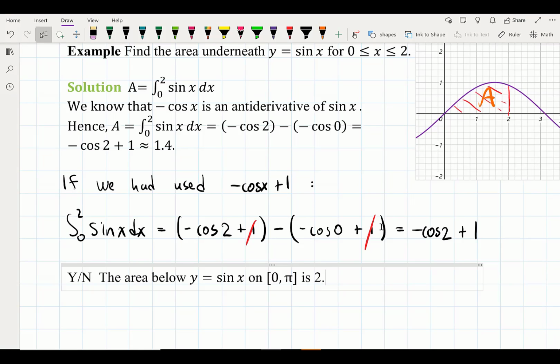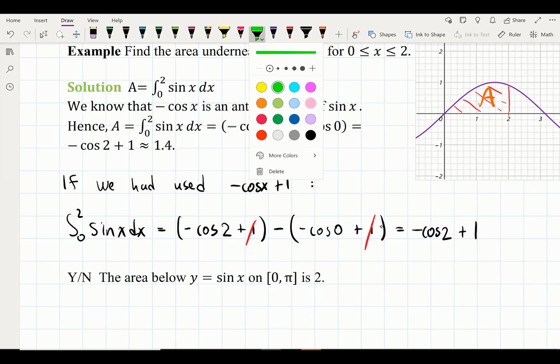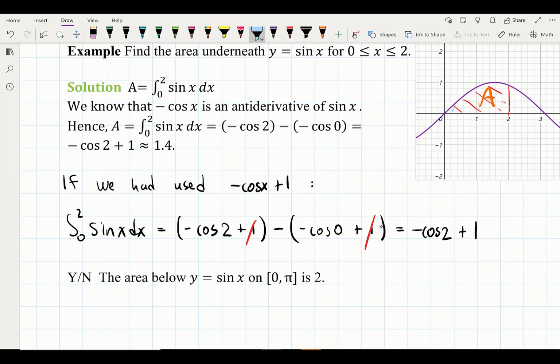Now here, I'll shade this region in with what's a good color? Ooh, how about blue? So now we're looking for this area. Well, okay, let's see what it is.